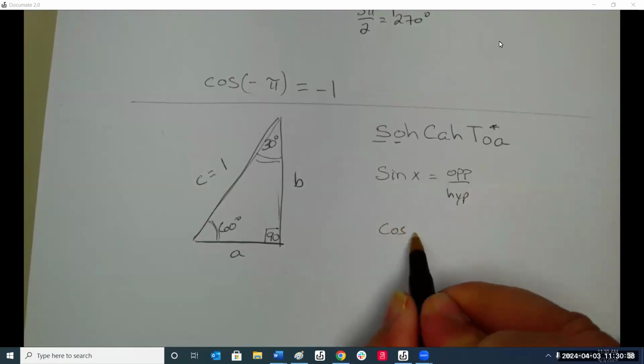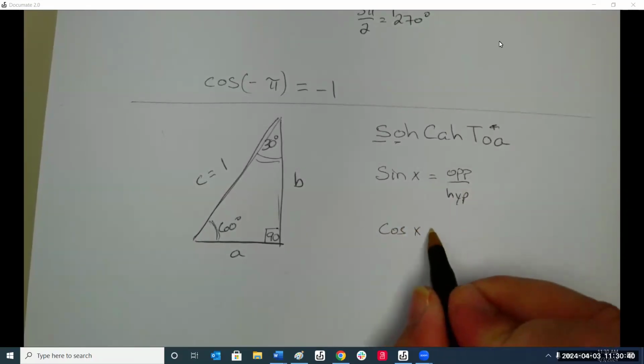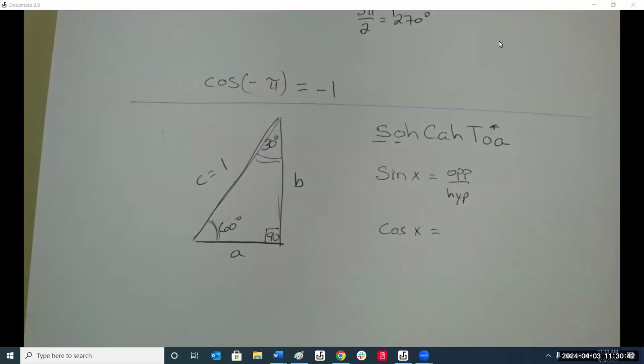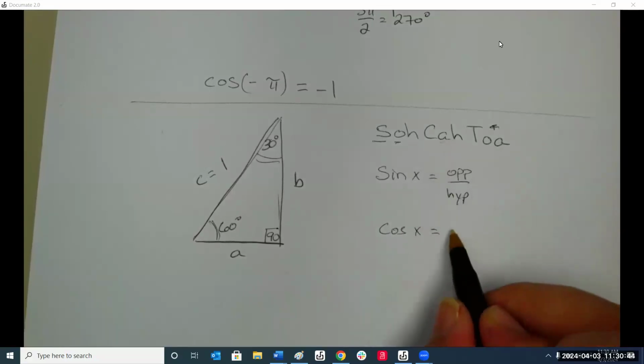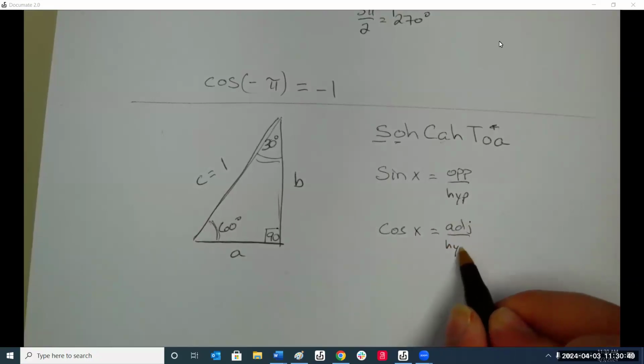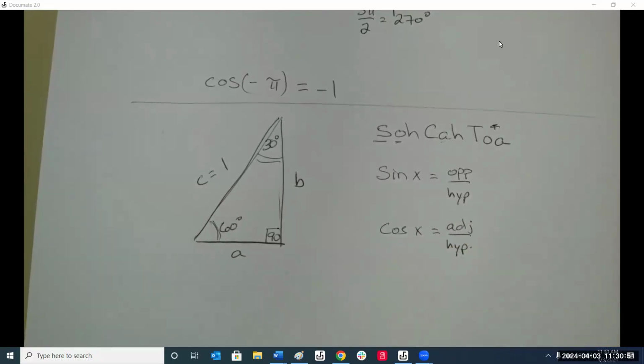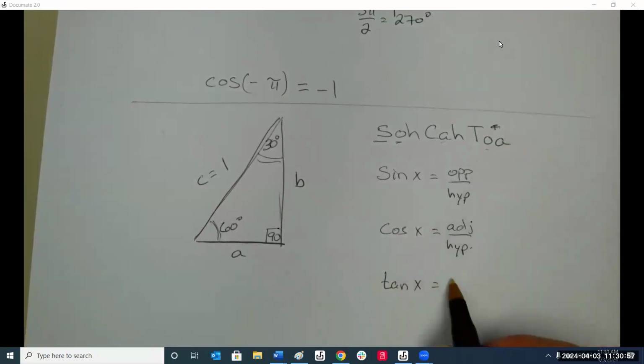The cosine function equals the adjacent over the hypotenuse. And the tangent of some angle is the opposite over the adjacent.